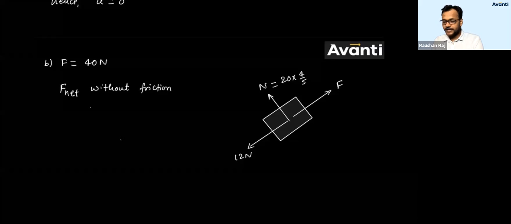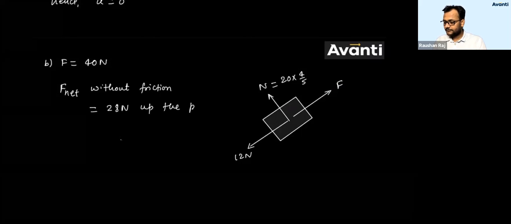Tell me what will be the answer. So 12 Newton is acting downward and F is 40 Newton in the upward direction. Can I say that 40 minus 12 is 28? I would say 28 Newton up the plane. What is the meaning of this? Now, just imagine this, guys. If you have applied a friction f in the upward direction, will that be correct?